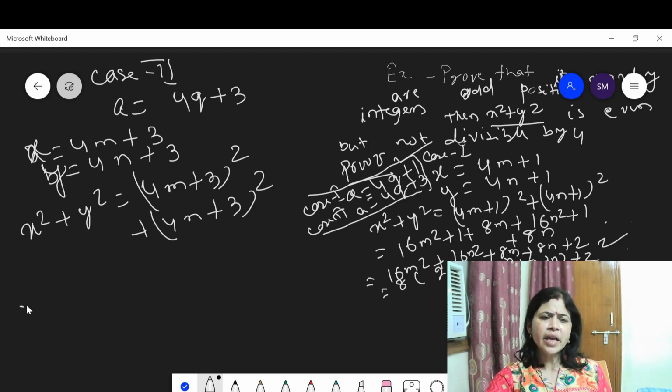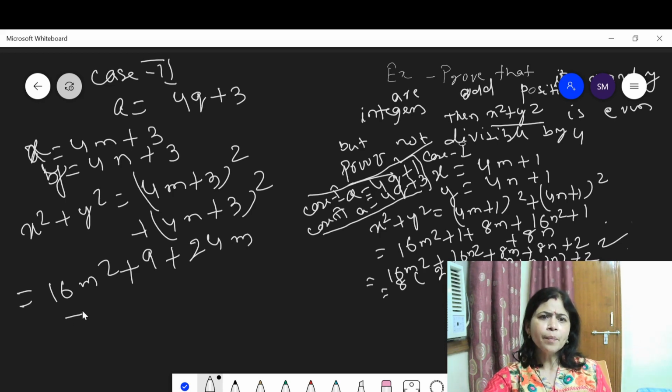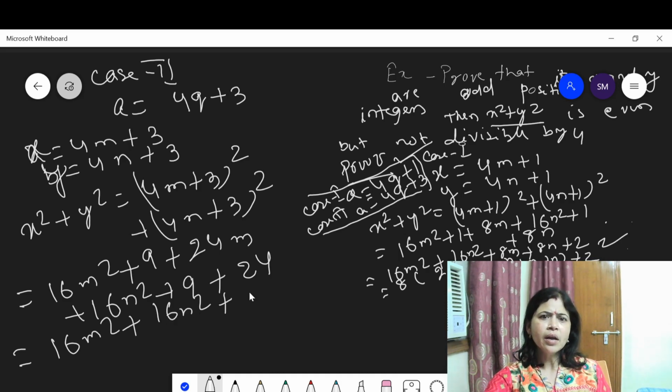In the same way, (a plus b) whole square gives 16m square plus 9 plus 24m plus 16n square plus 9 plus 24n. In this case you get 16m square plus 16n square plus 24m plus 24n plus 18, 9 plus 9, 18.